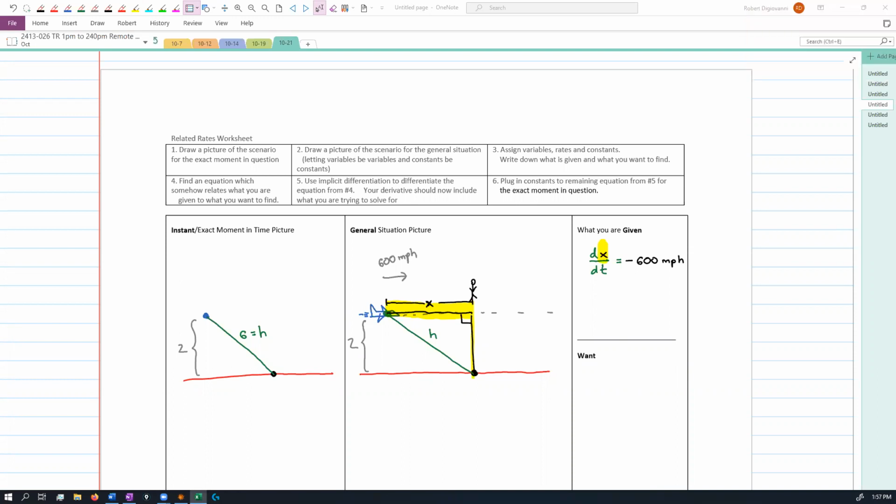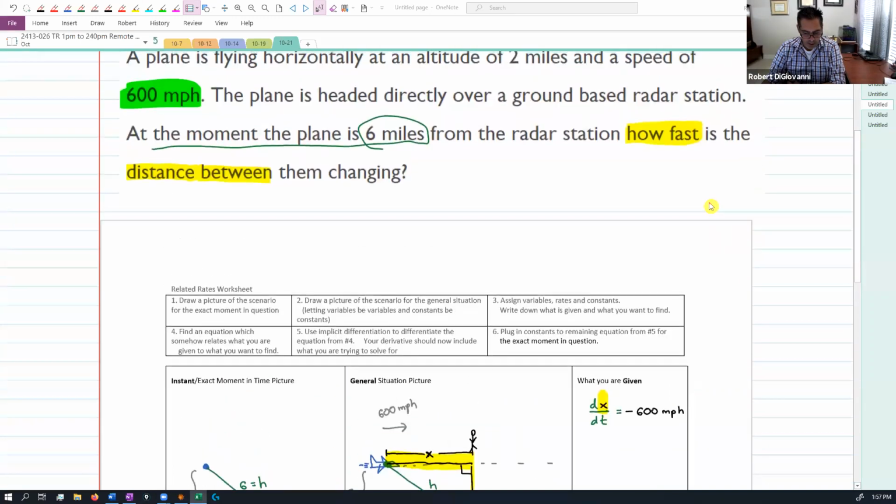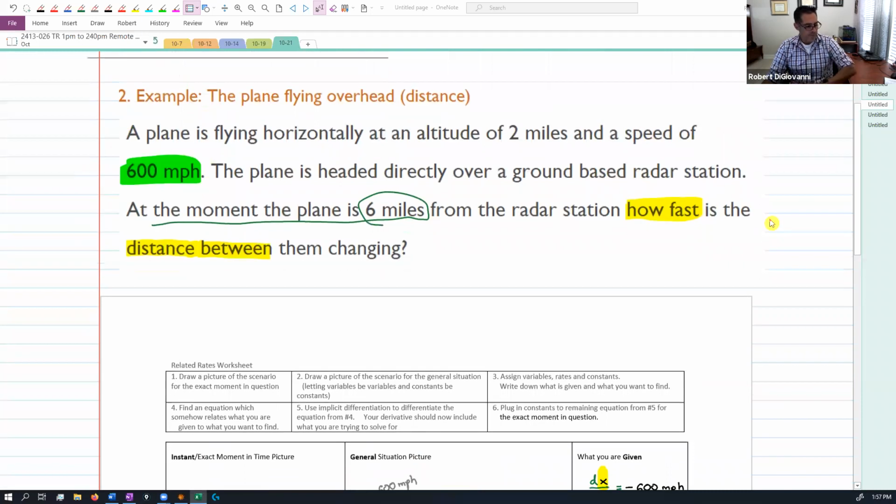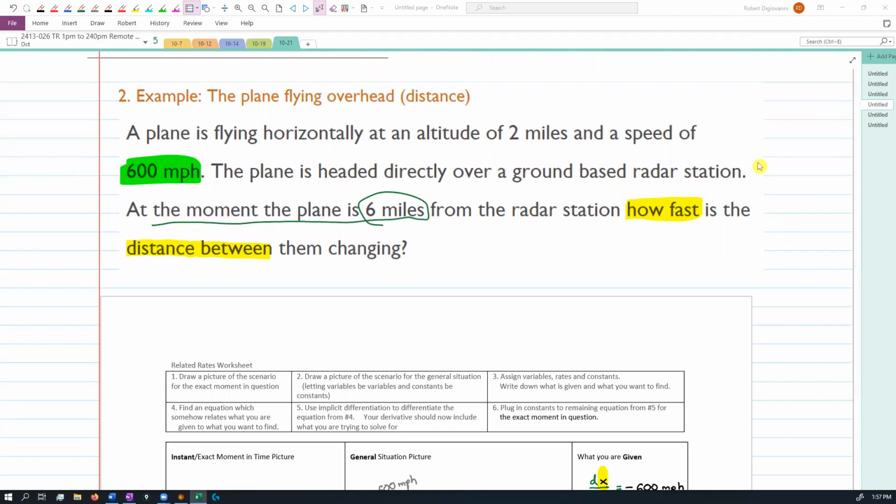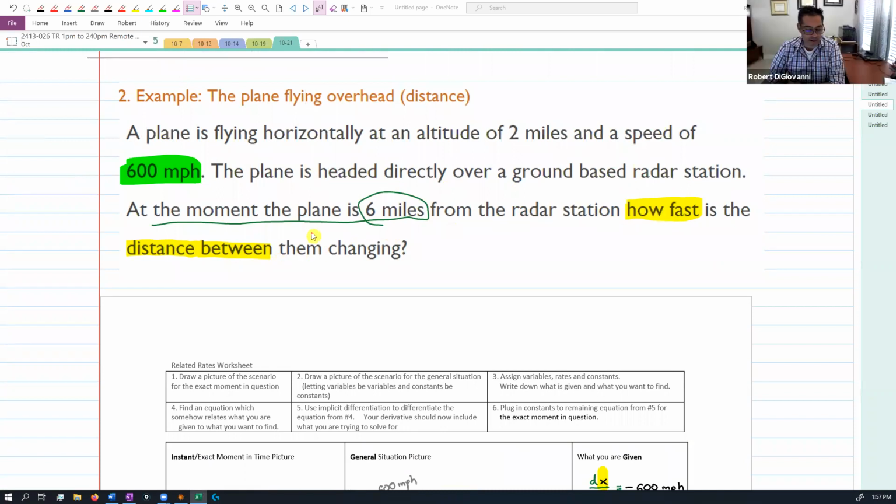I'm here. Okay. Do you know what we want? What are we looking for in this problem? We want how fast it's going. No, we want the change in the distance. You want to know how fast the distance between them is changing, right?